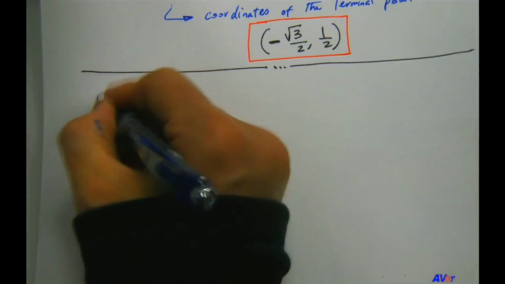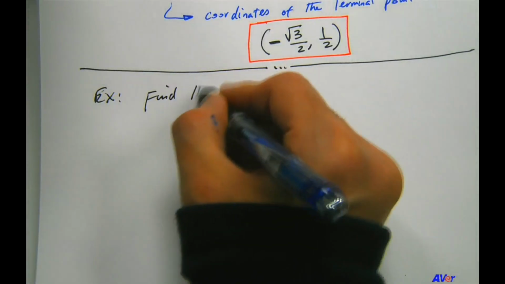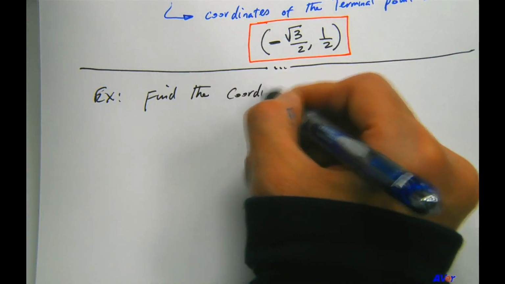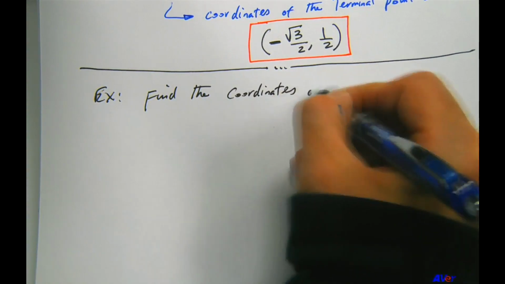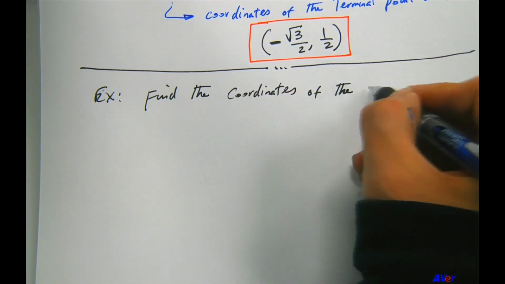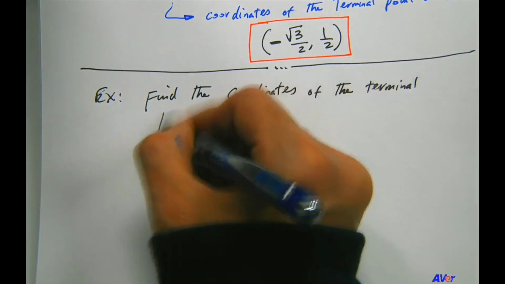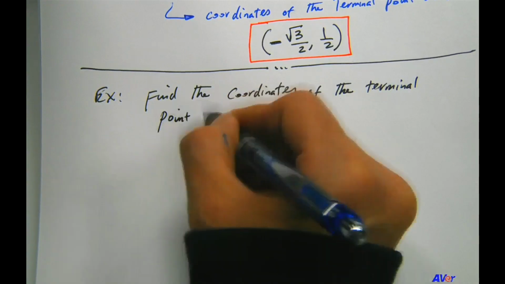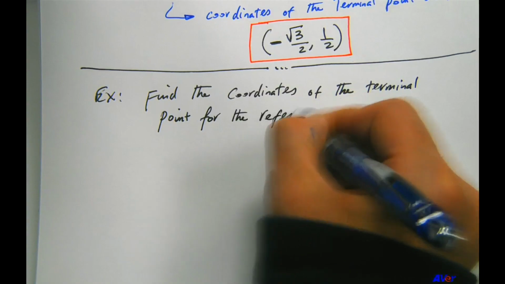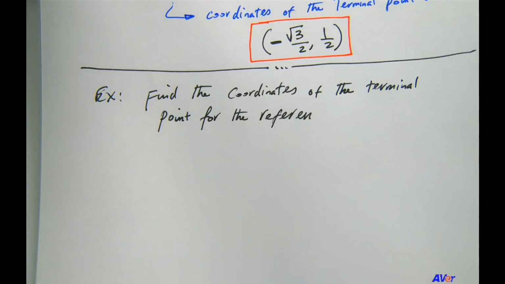So we want to find the coordinates of the terminal point for the reference number, well, not for the reference number, because we're going to be looking for the reference number.